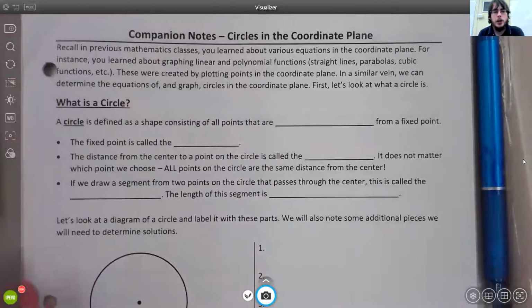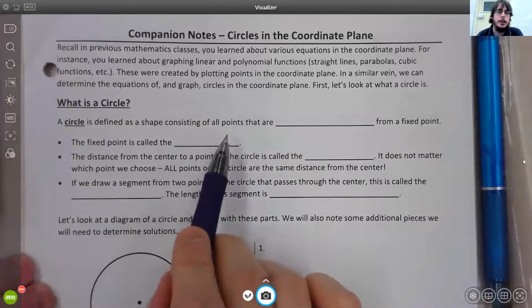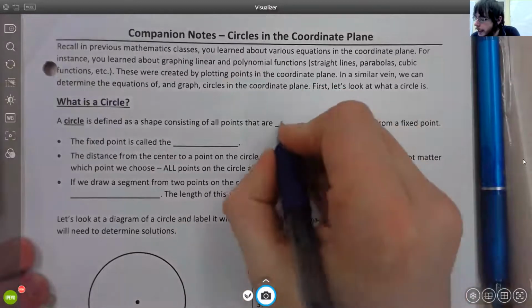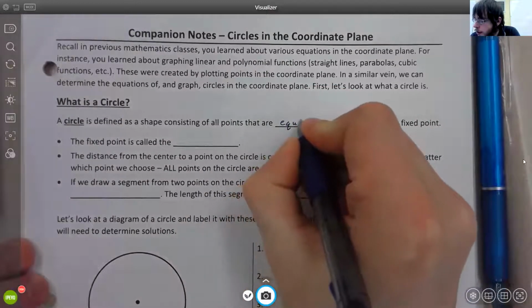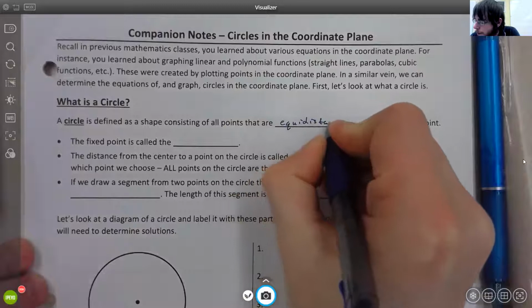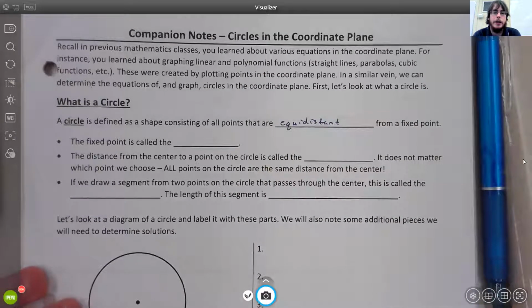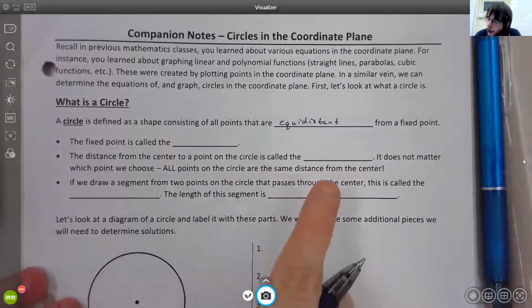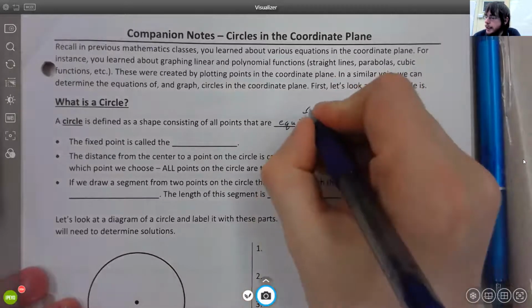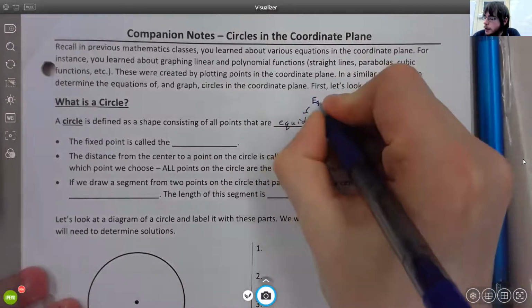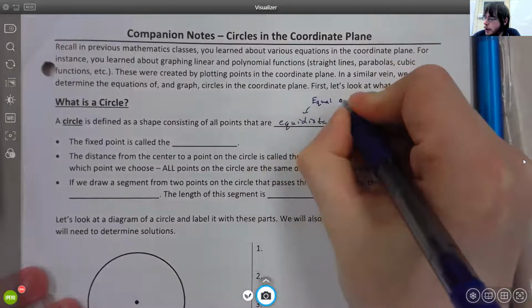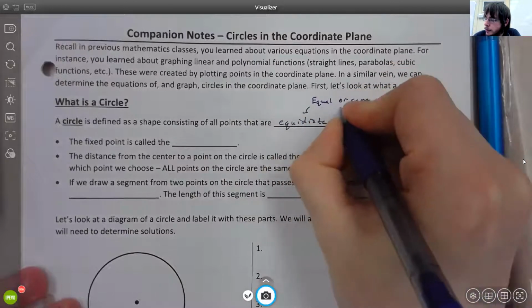Well, a circle is defined as a shape consisting of all points that are equidistant from a fixed point. And all equidistant means is that they are the equal distance or same distance.